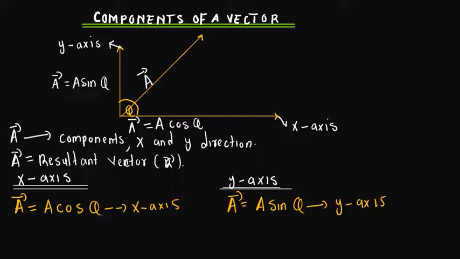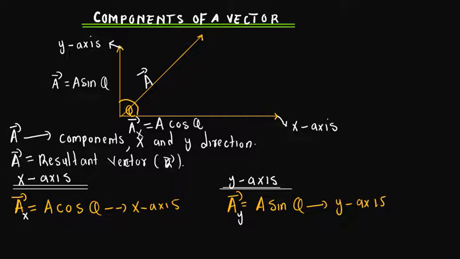So if you want to find the component of A in the x, you use this particular concept. This is the x component of this particular resultant vector. And if you want to find A in the y, which is the y component, you use this particular formula. So make sure you take note of that.